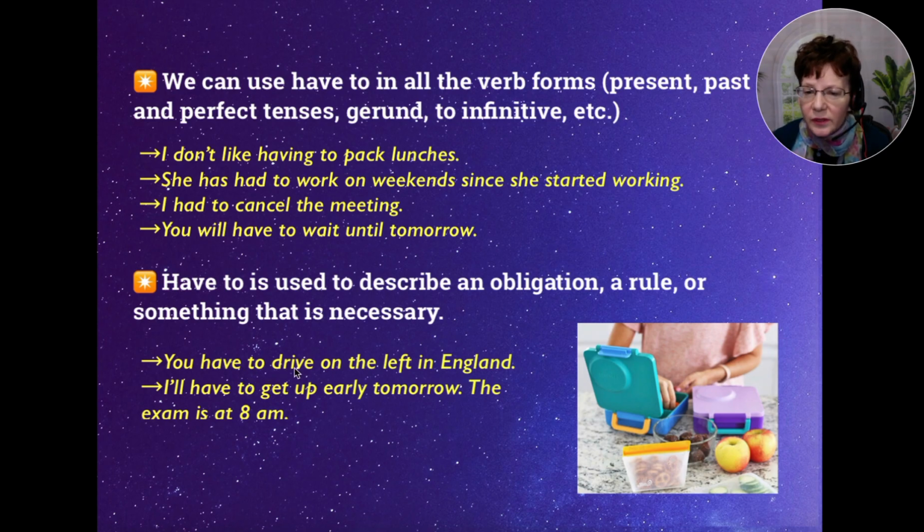You have to drive on the left in countries like this. And then with this second one, this is something that's necessary, having to get up early because the exam is early here.